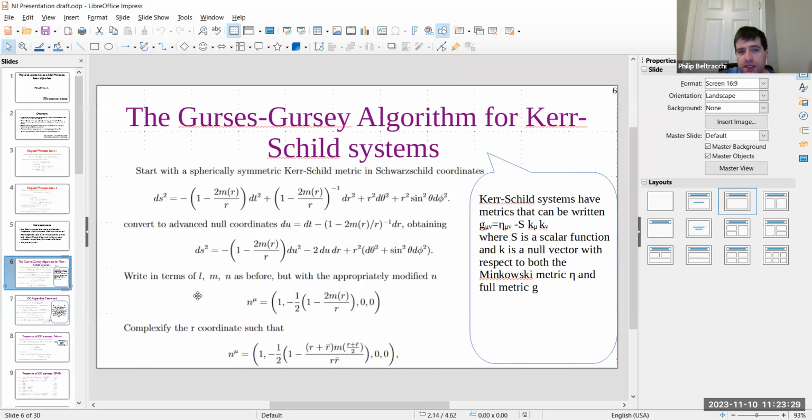We rewrite in the same set of vectors, except now we have to change our n vector, and the n is broken up into r and r bar in this way. So if you were to put in the appropriate m function for the Reissner-Nordström metric, you would get the result as it was in the previous version of the algorithm, with how the terms were expressed in terms of r and r bar.